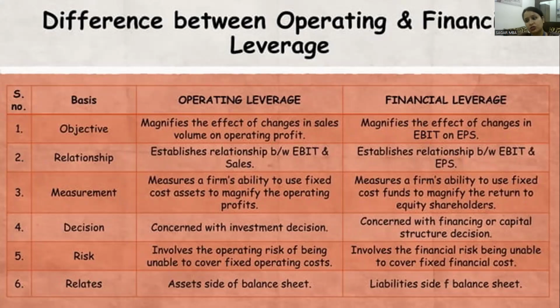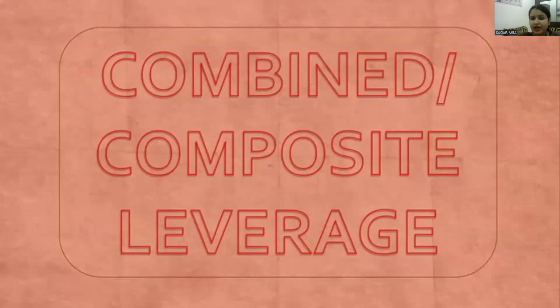Decisions: operating leverage is concerned with investment decisions, and financial leverage with financial and capital structure decisions. Risk: operating leverage involves operating risk, being unable to cover fixed operating cost, and financial leverage involves financial risk, being unable to cover fixed financial cost. They relate to the asset side and the liability side of the balance sheet respectively.